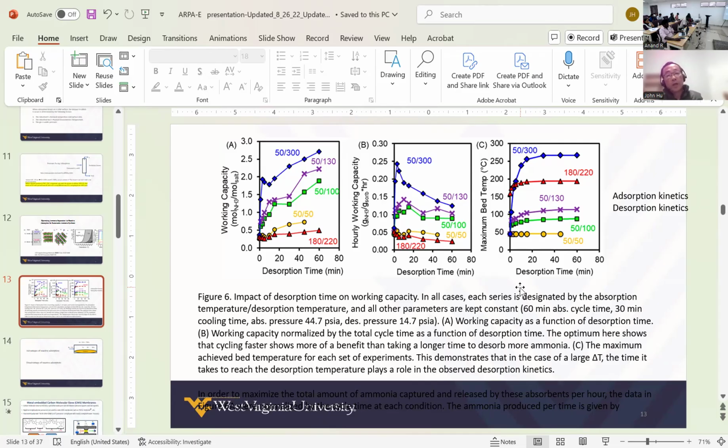But if the adsorption time lasts longer, it takes a long time. So all this time dictates the adsorber design. Make sense? Does anybody understand the time effect? It's not just a temperature effect, it's not just a pressure effect, and also kinetics, desorption kinetics. That means how fast the molecule can leave the surface.